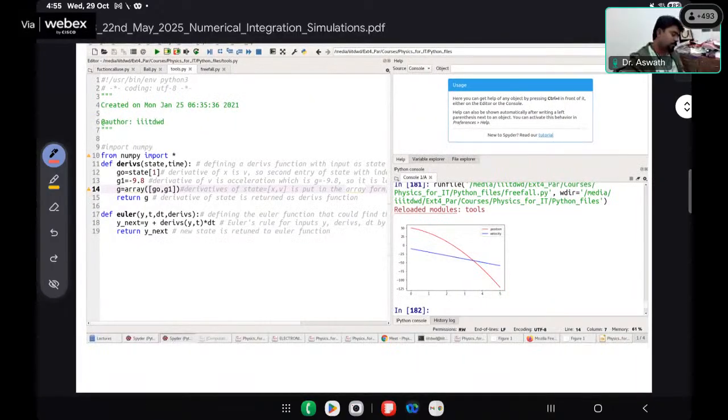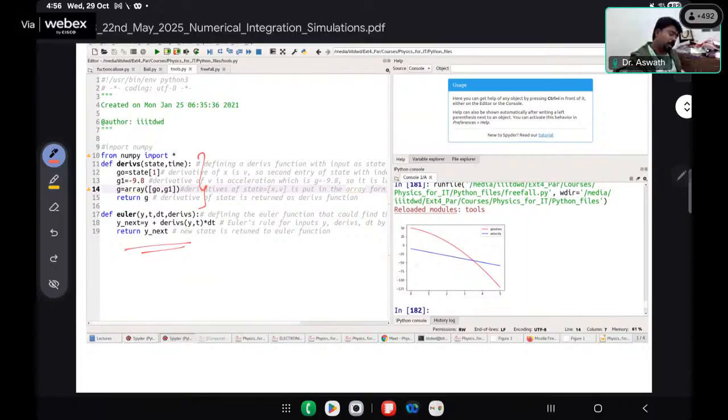This is a specific Python program. There is a separate function I used for the Euler method, and I would be using some derivative function. In that case, I'll have a derivs function. And here, if you see, I'm plotting the velocity of the falling body, and also its position with respect to time. If you just integrate, you would see position is decreasing and velocity is also decreasing.